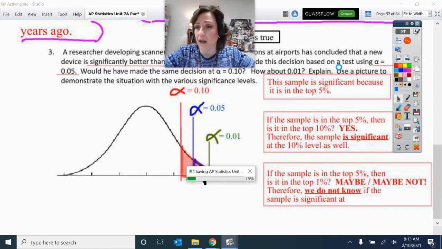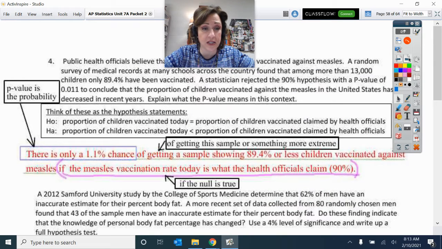Now let's talk about doing our hypothesis tests with two tails and how that looks. Oh, here was another one, sorry. Here's one about measles vaccination.